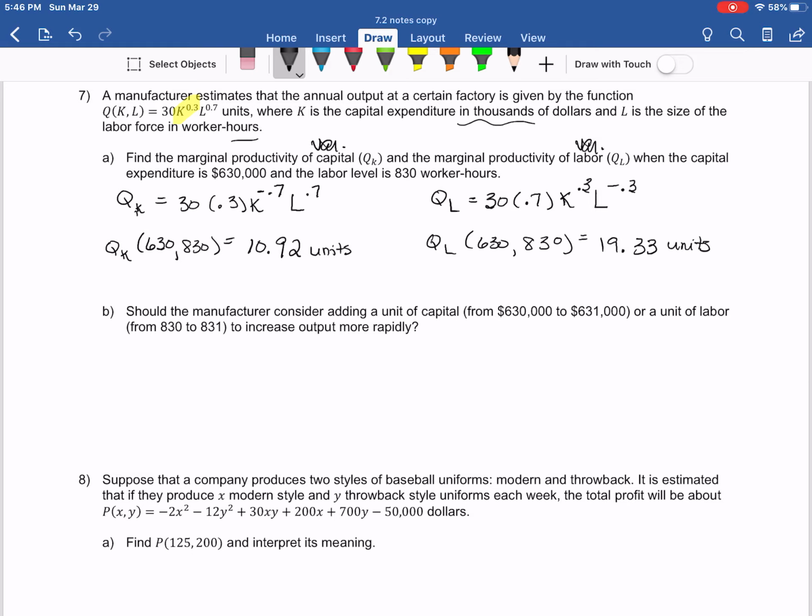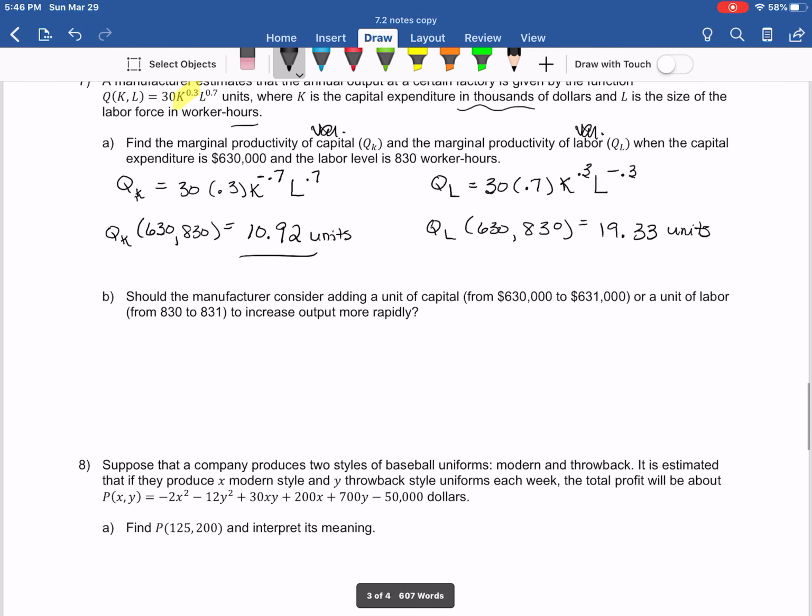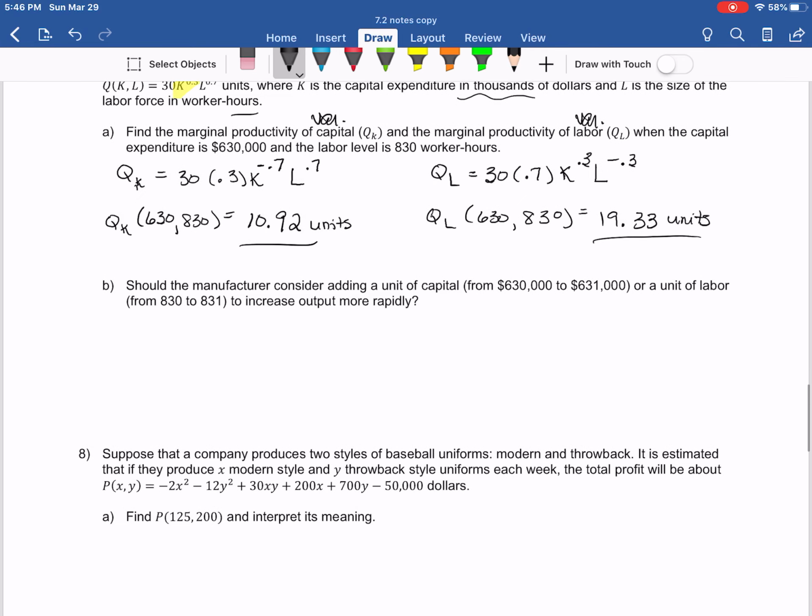Part B, should the manufacturer consider adding a unit of capital or a unit of labor? In other words, do you want to increase the capital or the labor? Because you can't do both. So the question goes like this. Compare these two increases in productivity. Marginal analysis tells you how much your output goes up or down as your variable goes up by 1 unit.